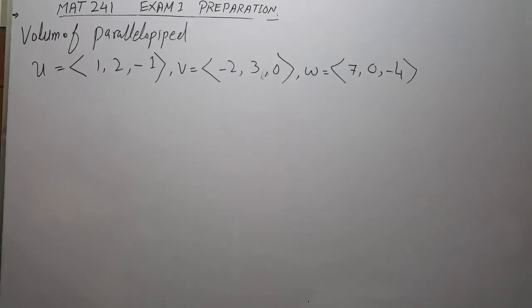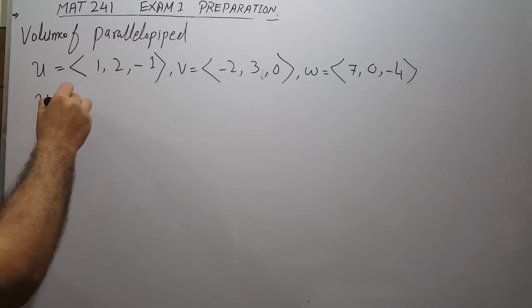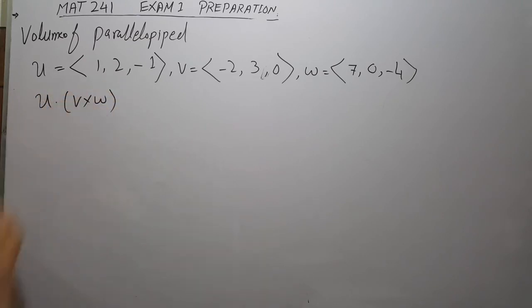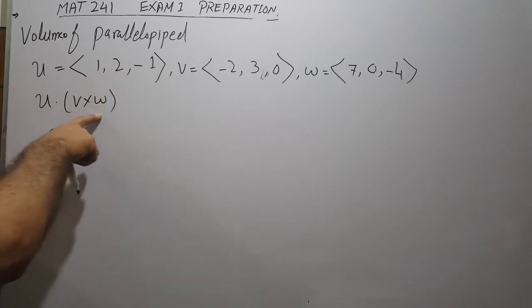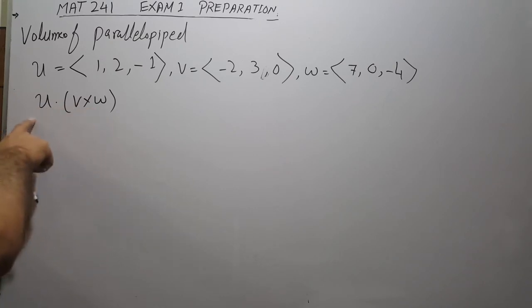If you're asked to find out the volume of a parallelepiped, then the general formula is u dot v cross w, or you can use either of the vectors first. You can write down u dot v cross w, or v dot u cross w, or w dot v cross u, right?